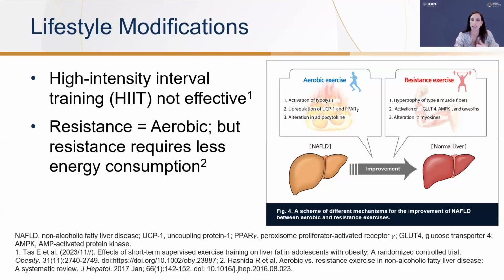It did help in total cholesterol and lowered 2-hour glucose and LDL. So this study was only done over 4 weeks. So one of the limitations of the study or opportunities for future studies is, was this just too short of a study to really see the benefit of HIIT training in the MASLD population?